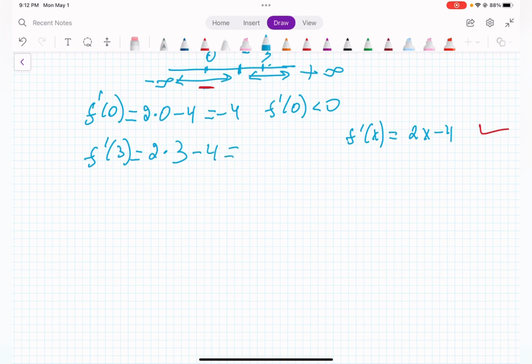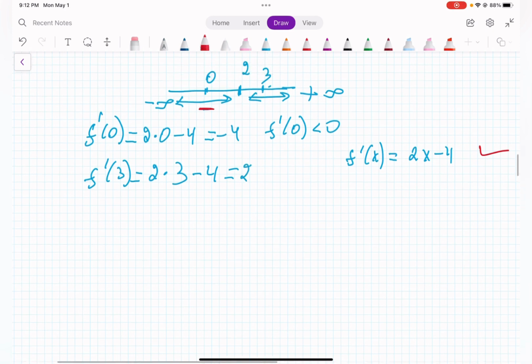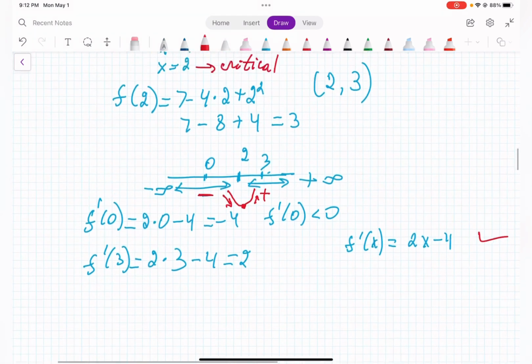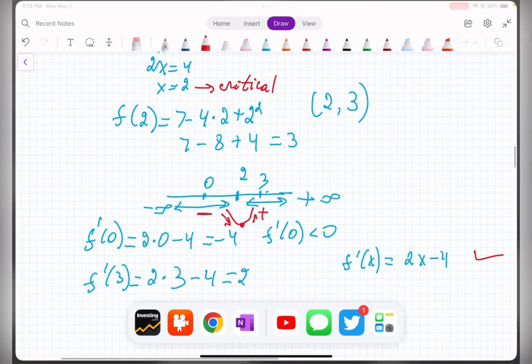And it's going to be equal 6 minus 4 is 2, positive. So we are going from negative, falling down, to positive. So negative is dropping and positive is rising. So we are dealing with a relative minimum. So we have a relative minimum with coordinate 2 and 3.